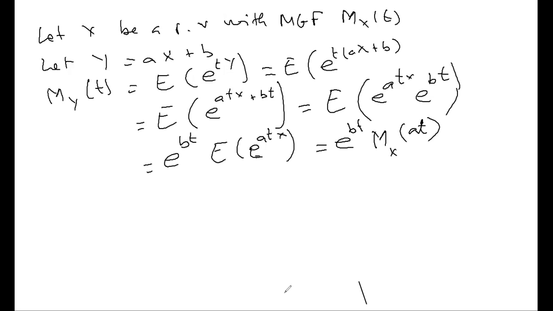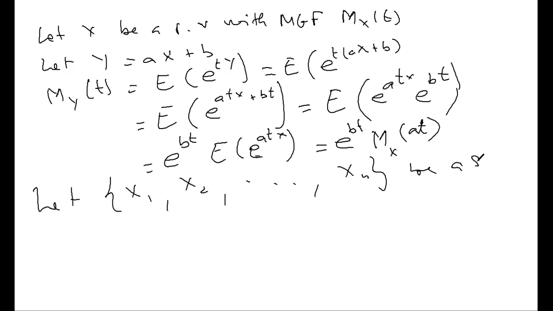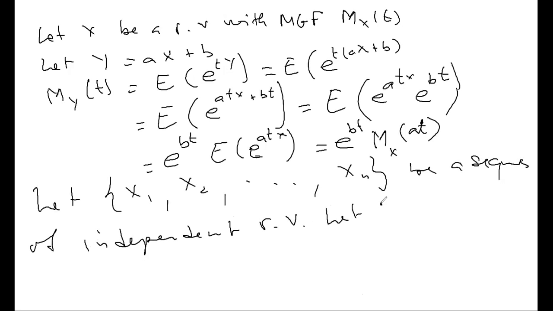The third property says that let X1, X2, ..., Xn be a sequence of independent random variables, and let S be equal to the sum of the Xi, i from 1 to n. Then what is the moment generating function of S?